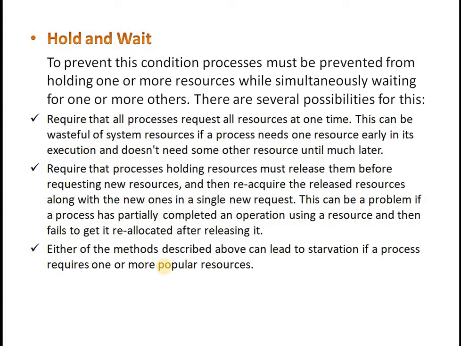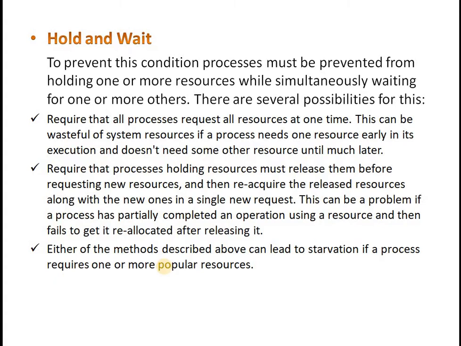Require that all processes request all resources at one time. This can be wasteful of system resources, if a process needs one resource early in its execution and doesn't need some other resources until much later. Or require that processes holding resources must release them before requesting a new resource, and then reacquire the released resources along with the new ones in a single new request.